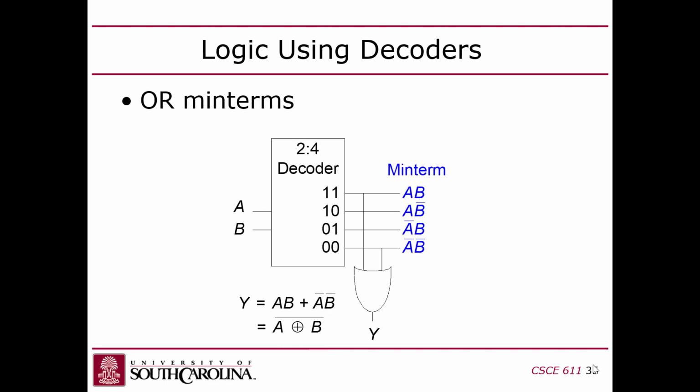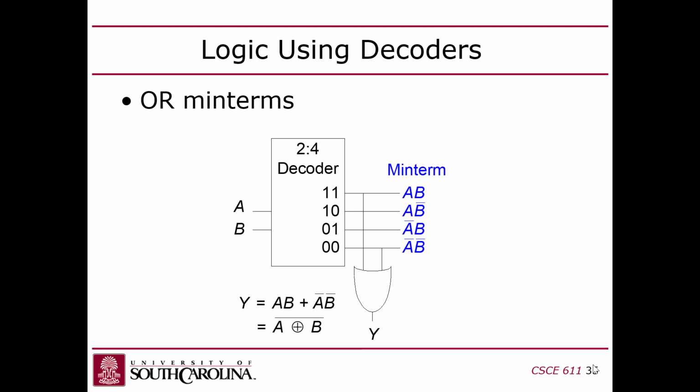Okay, and then this is another variation: you can actually use the decoder to build an arbitrary logical function by sending the inputs into the decoder, which will light up one of the outputs corresponding to each of the 4 min terms, right?